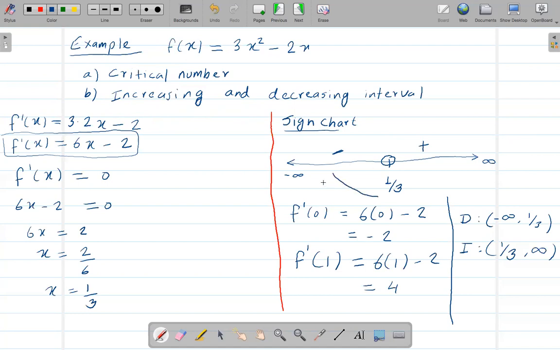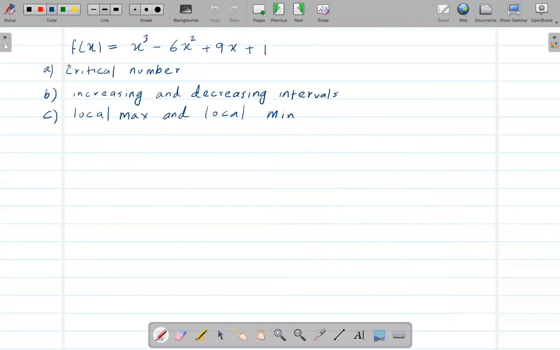If you go from left to right, this graph is decreasing, and after this point, it is increasing. So this point is going to be a local minimum point, because it is decreasing and then increasing. We're going to use the same idea here, so let's follow all these steps.